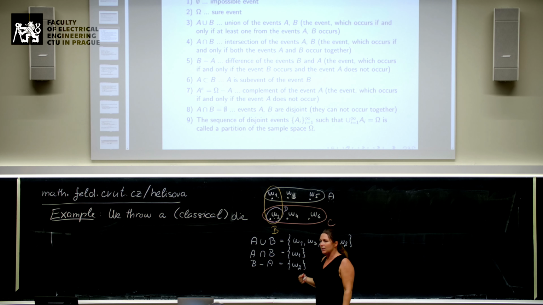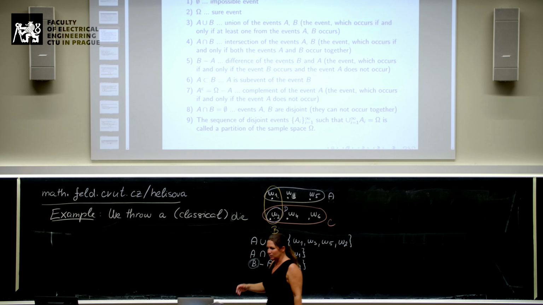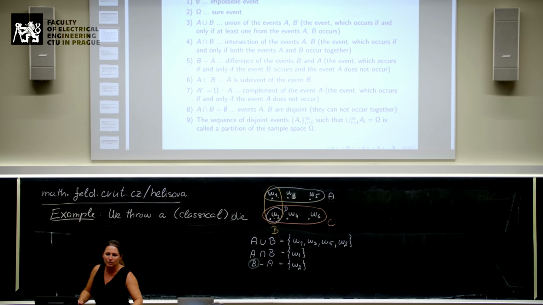And practically it means that the difference of two events are the elementary events from B which occur, but the event A cannot occur. So the event B occurred, but the event A didn't occur. That's the practical meaning of the difference of the events.